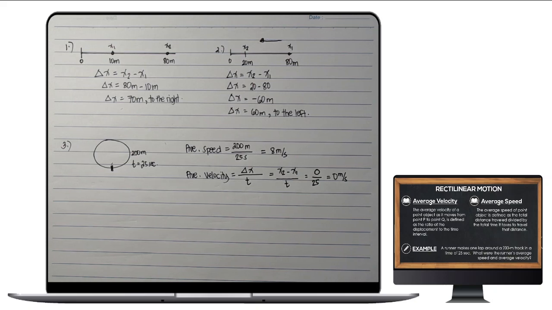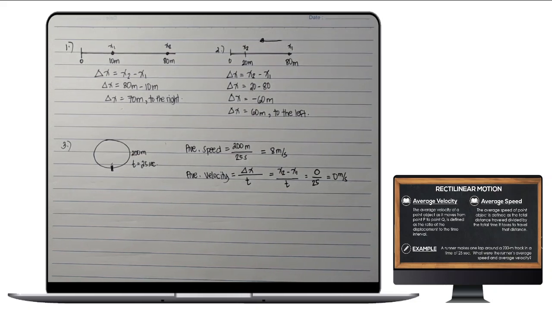So most of the times velocity and speed are interchanged in its definition. But with this, we will have a clear distinction between them. Because when we talk about average velocity, we are talking about the displacement or the change in position.